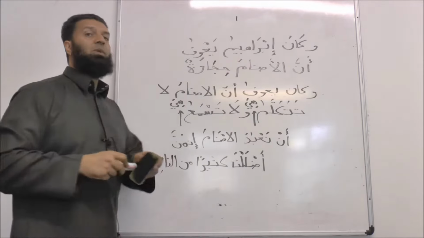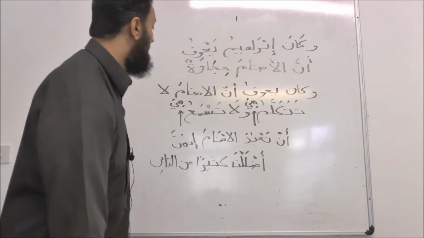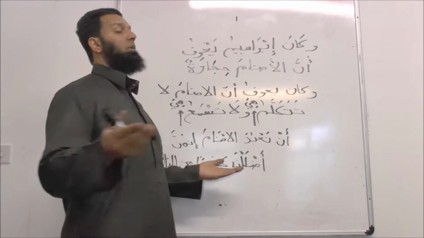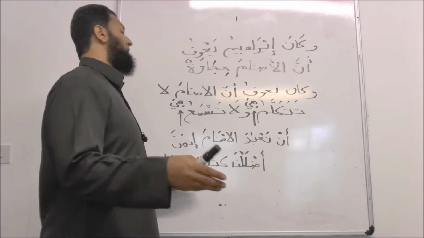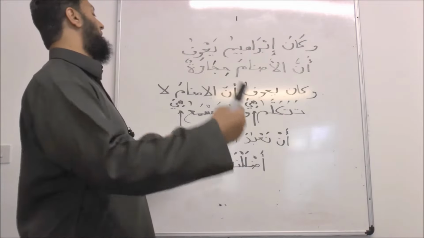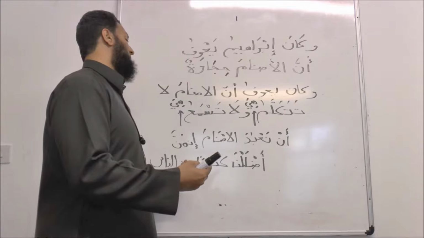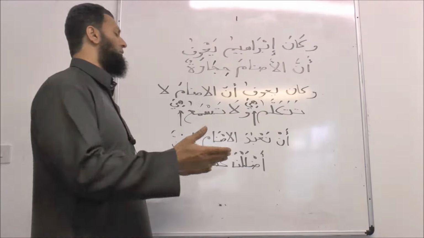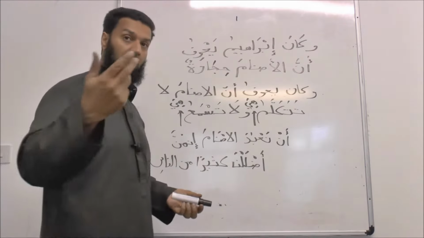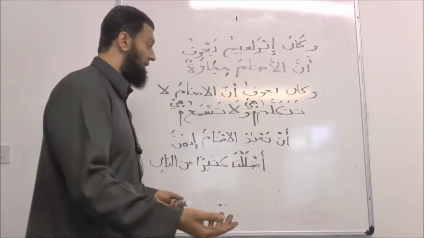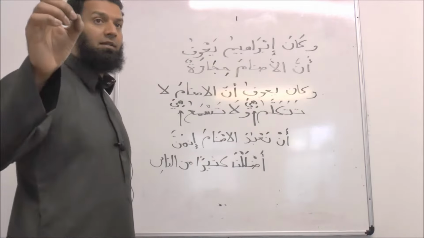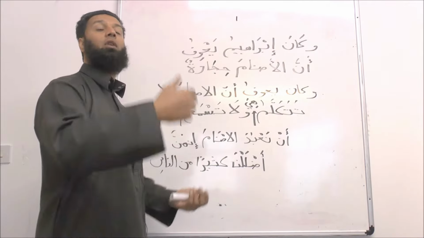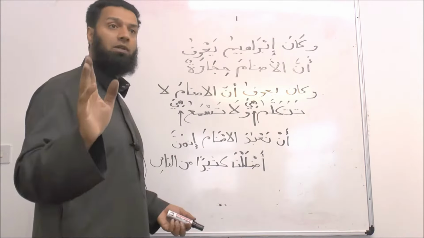So this was a dua of Ibrahim alayhi salam, which in itself is an amazing matter, isn't it? Because here we have Khalilur Rahman, we have the Imam of Tawheed, the one who worshipped Allah upon hanifiyyah alone, rejected the idols and that which his people worship besides Allah, opposed his father in that, and even he alayhi salam made this dua to Allah that he and his offspring should be protected from what?